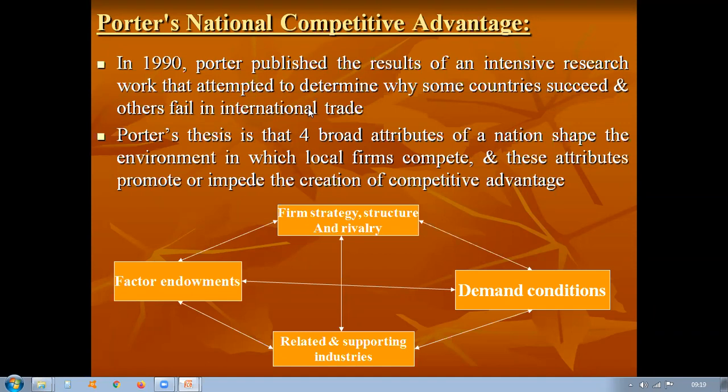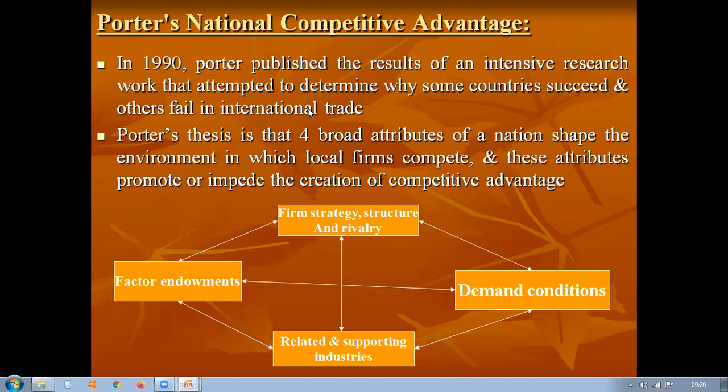If you take the United States of America, it has rich factor endowments and enjoys top position in the world trade and world economy. So these are the factor conditions. If the country is endowed with all these factors, then this gives a competitive advantage for the country.